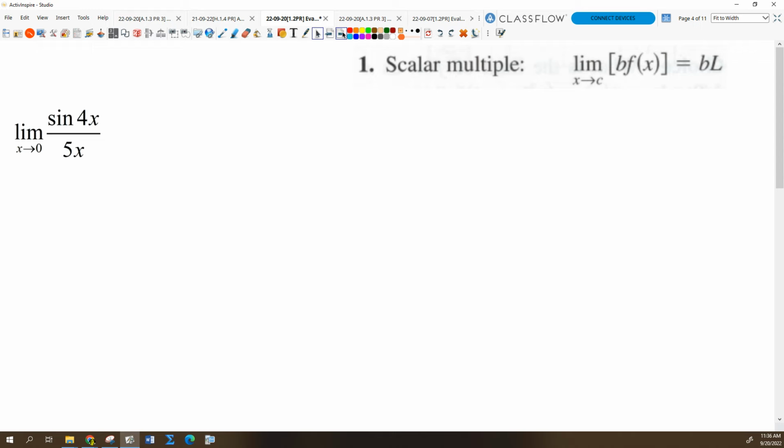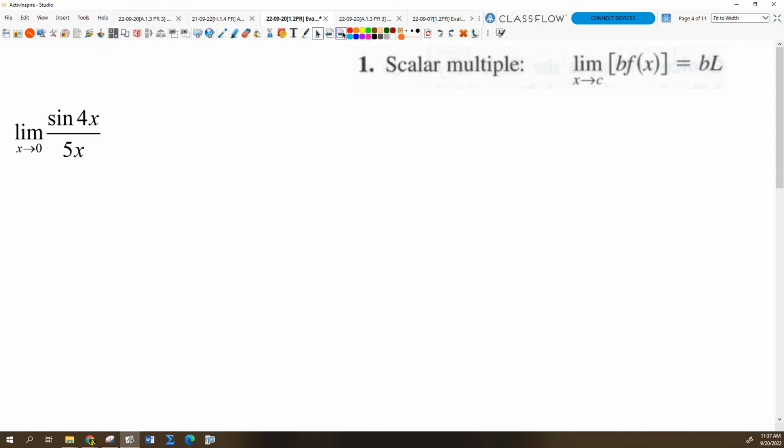Okay. How about this one? Any clever approaches to this one? Well, yeah, that's the goal, right? Can't do that.